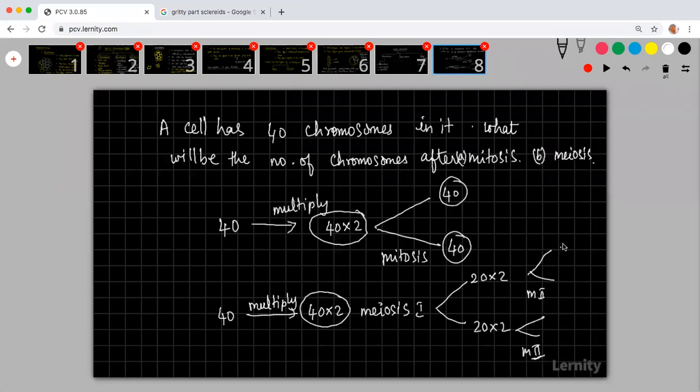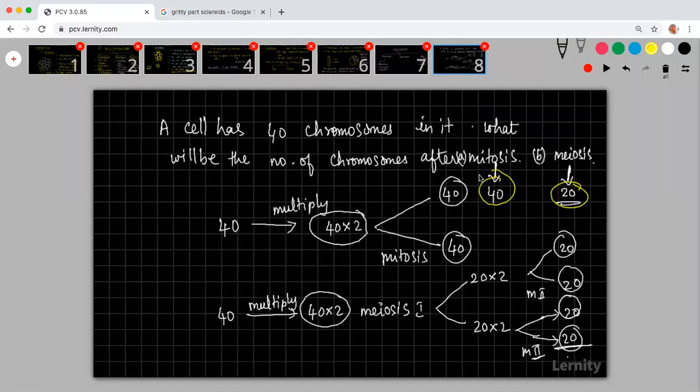So after this, this will become 20, 20. This will become 20. This will become 20. So ultimately, it will become four 20s. So in this case, the answer is 40. In this case, it will become 20. So this is the answer here. Are we able to understand?